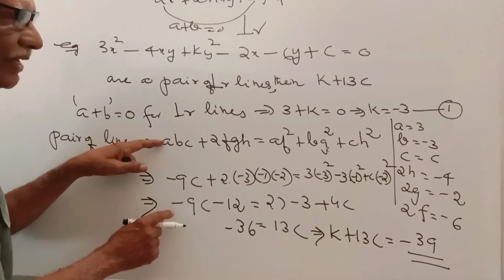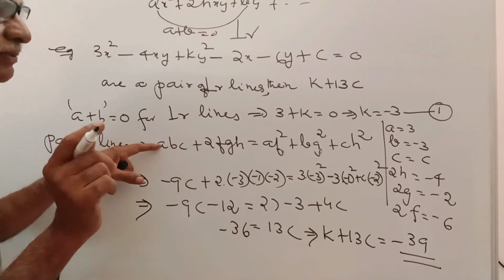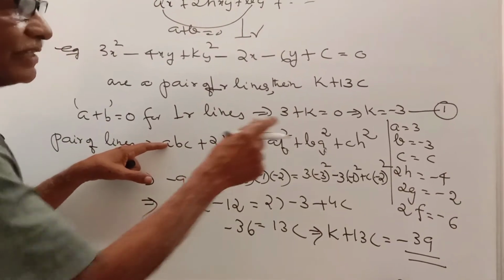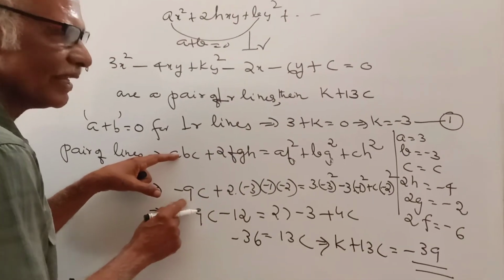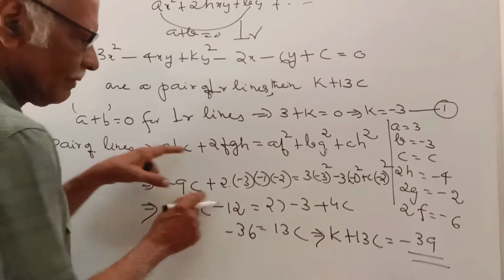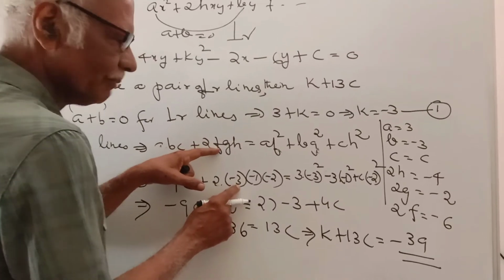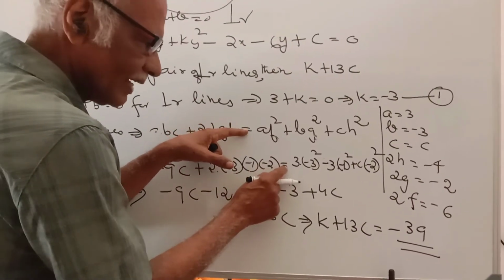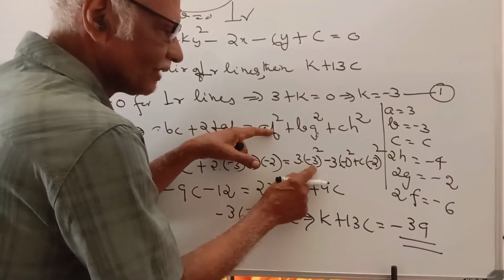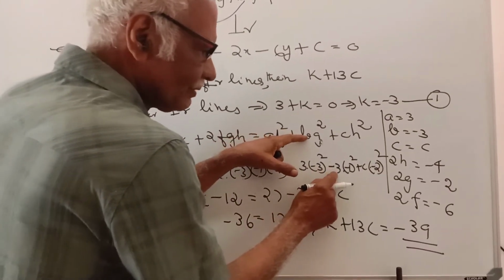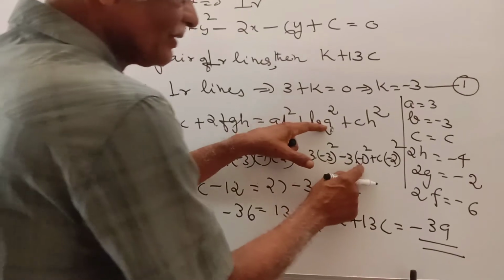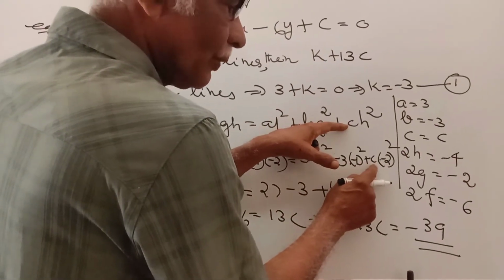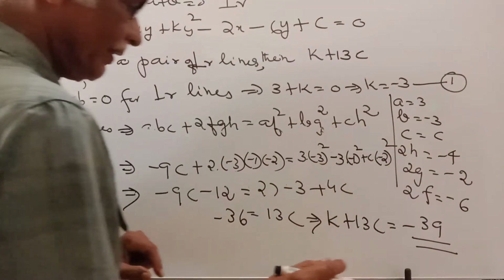A is 3, b is minus 3. So 3 into minus 3, minus 9c, plus 2 into f value minus 3, g is minus 1, h is minus 2, equals 3 into minus 3 the whole squared, plus b is minus 3 into minus 1 the whole squared, plus c, we don't know, into minus 2 the whole squared.